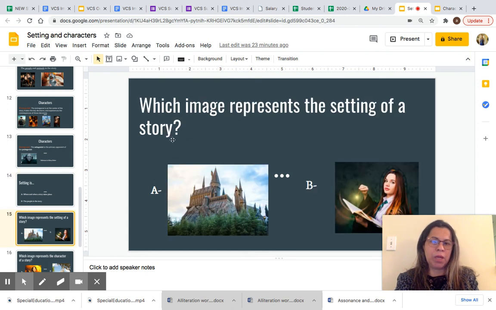Now, which image represents the setting of a story? Pause the video now and look at these two images and choose the one that represents the setting of a story. Is it the castle or is it the person?